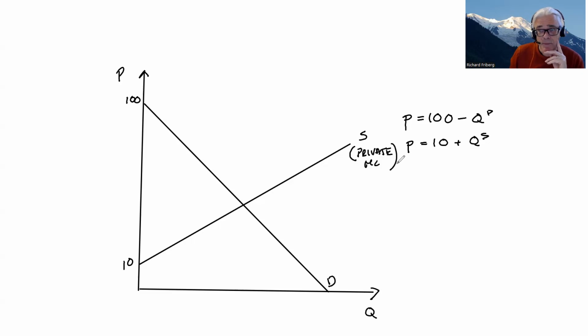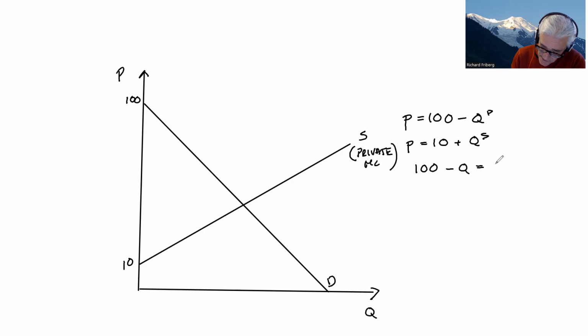Okay, so as a starting point, we want to see if this market were functioning in this way, where demand is met by private profit maximizing firms that each act as a price taker, how much is produced and what is the price. So as usual, we're looking at the price where demand equals supply.